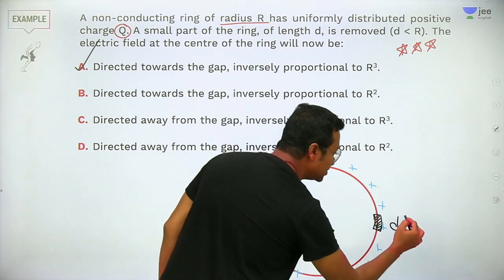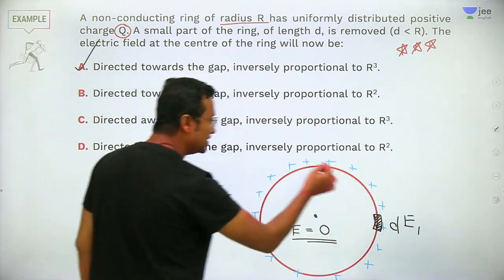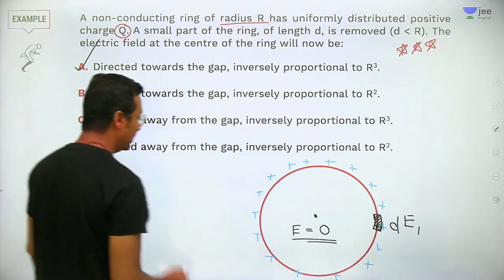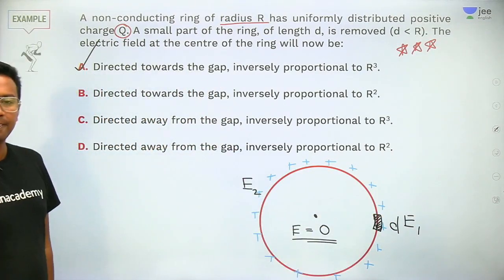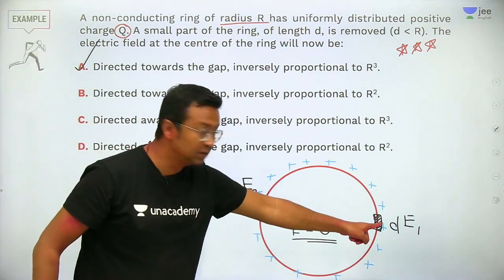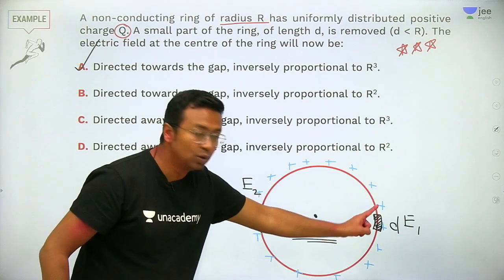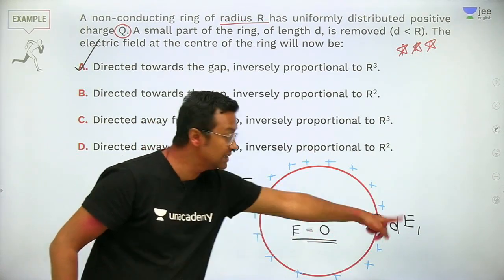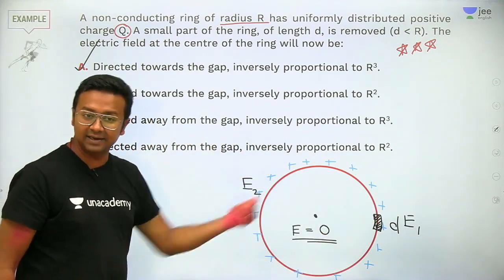Let's say the electric field generated due to this one is E1 and the electric field generated due to the rest of the ring is equal to E2. Clear? At the center, the electric field due to this small portion that I took away is E1, and due to the rest of the ring it is E2.